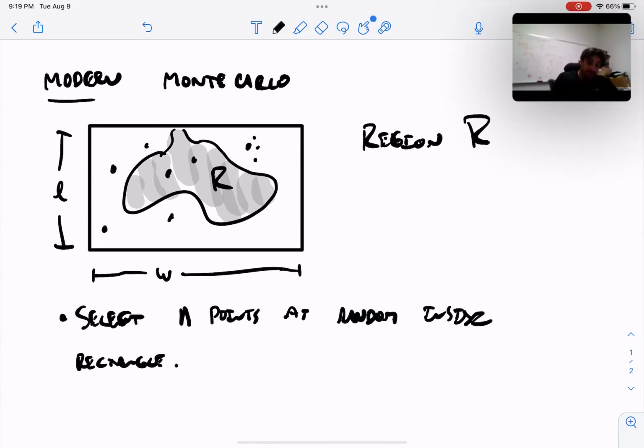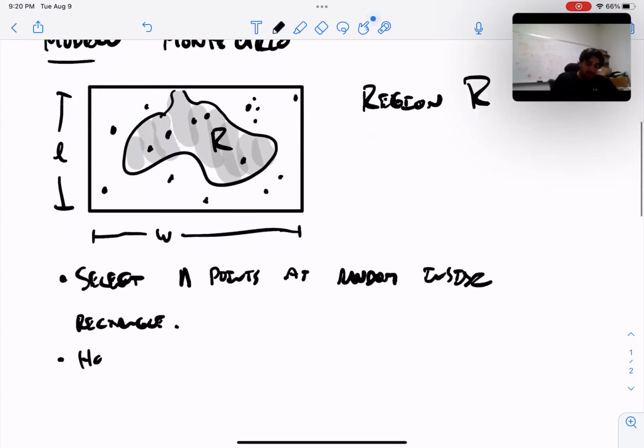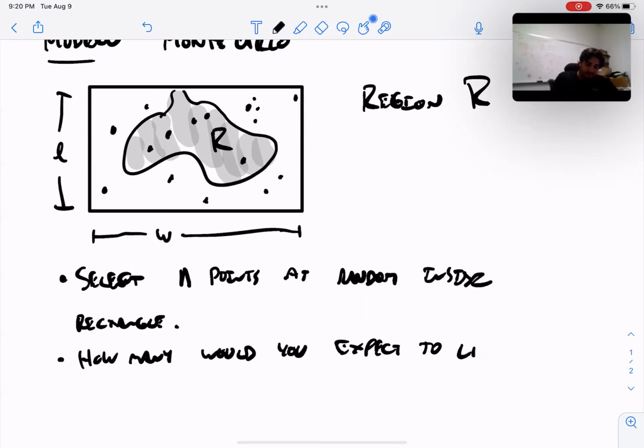Maybe some of them land really close to each other. Maybe some of them are more spread out and don't have any points nearby. Then you could say, okay, how many would you expect to lie inside that region R?